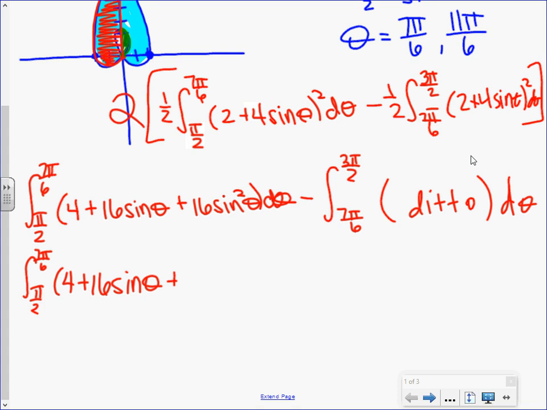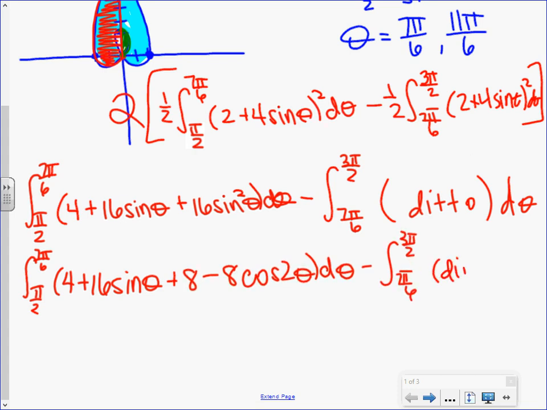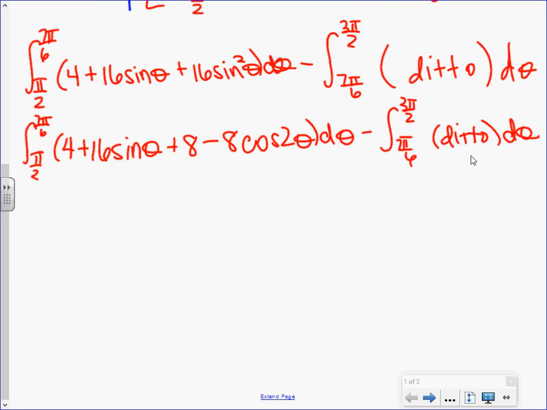Okay, so 1/2 minus 1/2 cosine of 2 theta multiplied by 16, so 8 minus 8 cosine of 2 theta. Four plus 8 is 12.